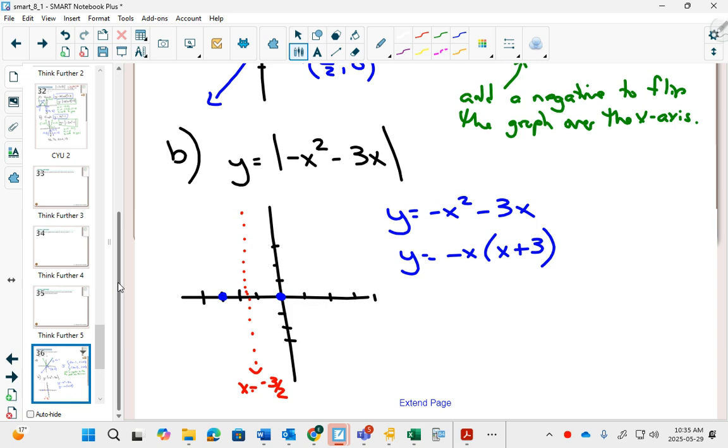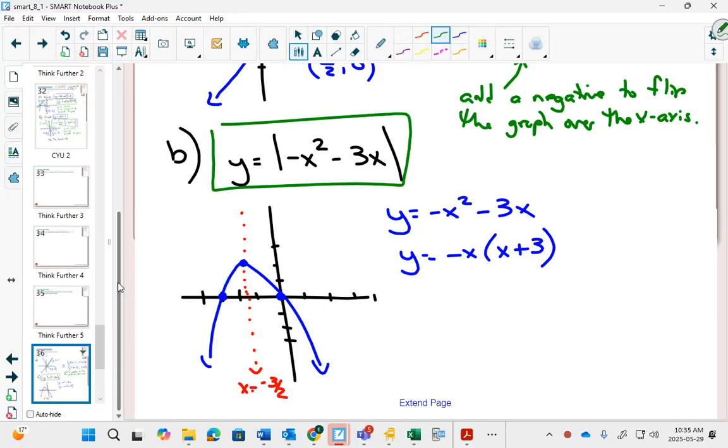It's going to be somewhere up here because I know this parabola opens down. So what happens with the absolute value, which I'm going to now graph in green? This part would stay the same, this part would get flipped up, and this part would get flipped up.